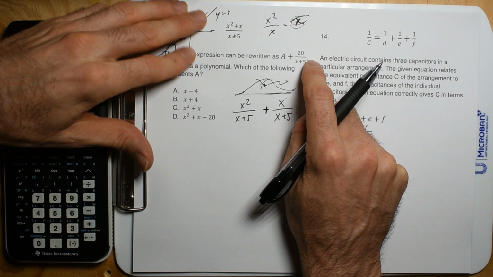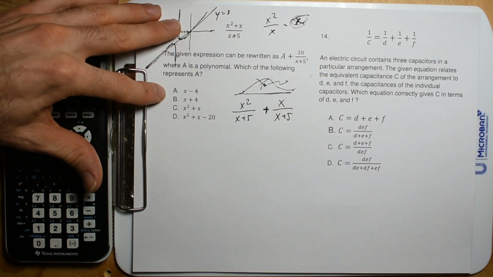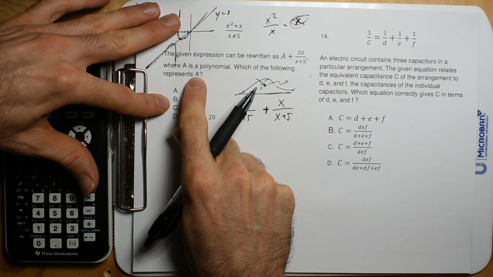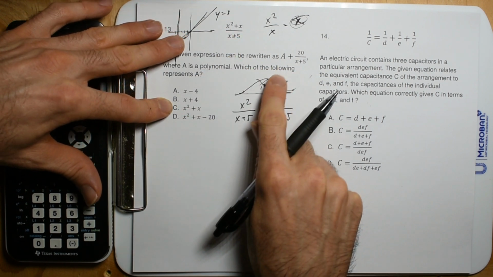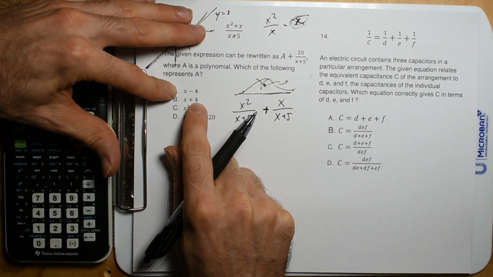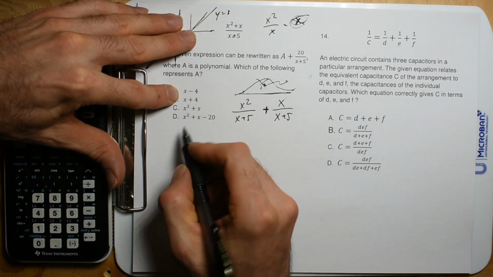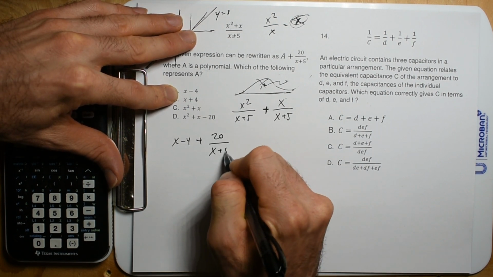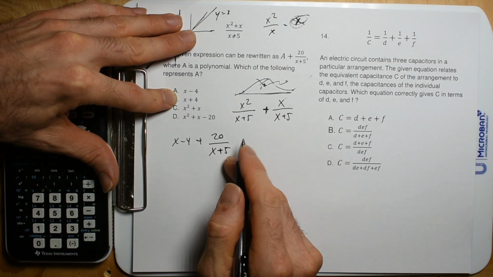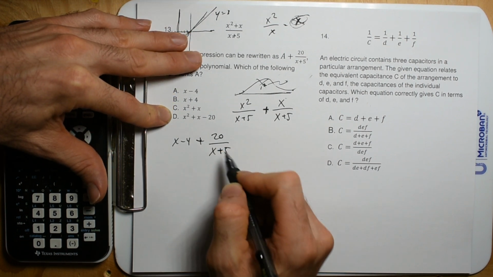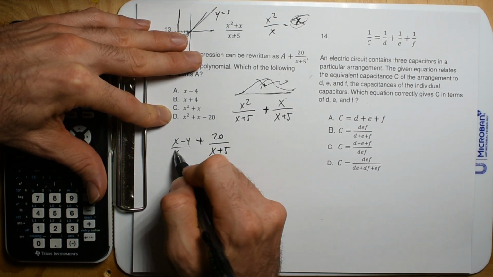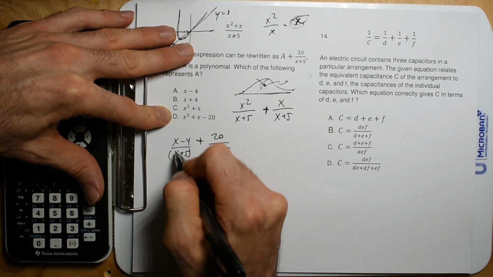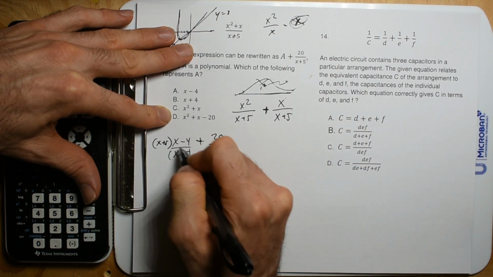Oh, this is fascinating. Which of the following? All right, maybe we should just try one. Say x minus 4 plus 20 divided by x plus 5. We have to divide this by x plus 5, so we have to multiply the top by x plus 5.